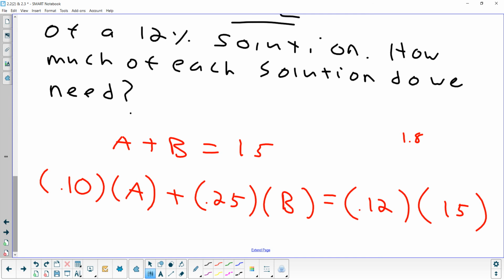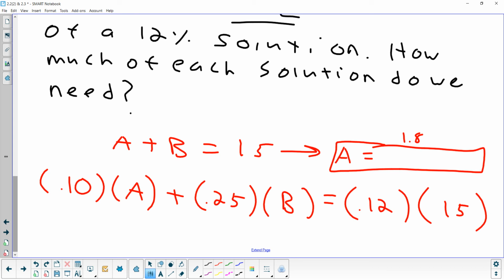So in the top equation, let's get one of these variables by itself. Right, so Bailey, which variable do you want to get by itself? A. All right, so A equals, and can you tell me what A would equal if you get it by itself? 15 minus B. Okay, A equals 15 minus B. You know what, even to make this more clear, I'm going to go like this.